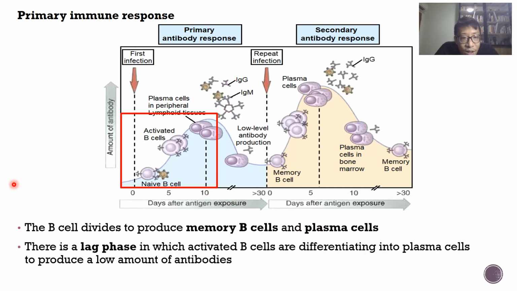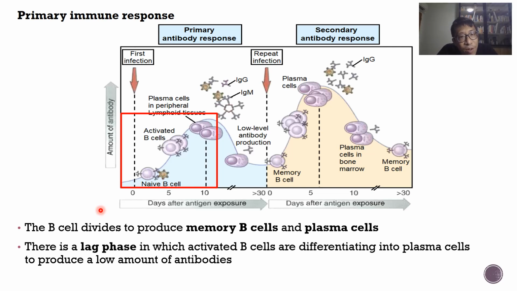So this explains why in the primary immune response, when the immune system encounters the pathogen for the first time, there is a lag before the antibodies can be produced, because time is needed for activation of the naive B cell, for clonal expansion, and for differentiation into plasma cells in order to produce the antibodies specific for this antigen on the pathogen.